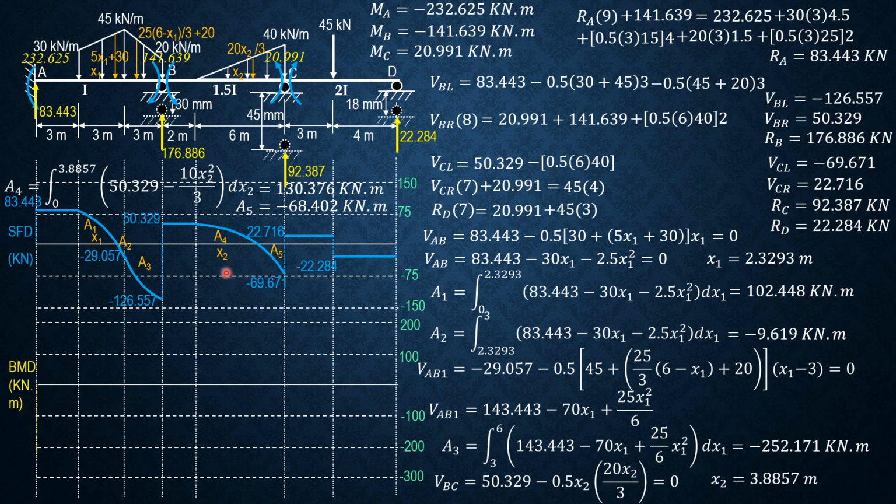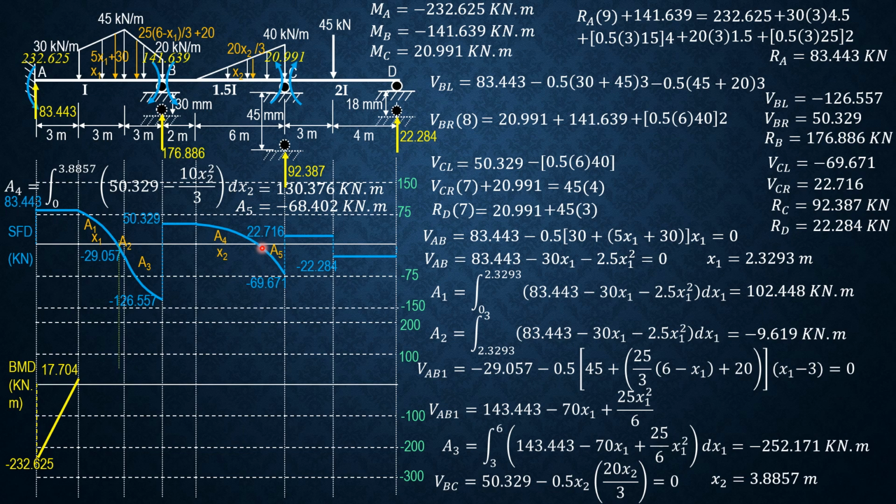Then shear in BC is 50.329 minus 1/2 of x2 times 20 over 3 x2, then equate to 0 to solve for x2. So x sub 2 is equal to 3.8857 meters.